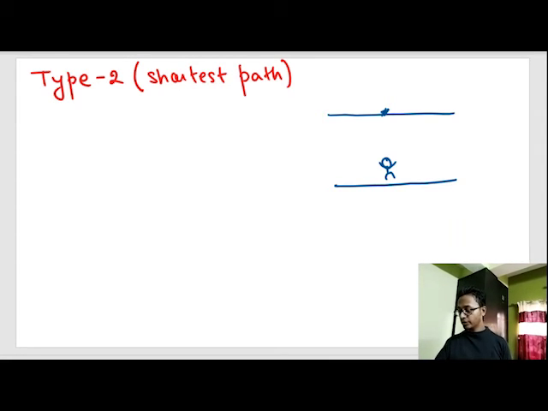If he tries to swim straight, he'll reach somewhere around here. So in order to reach the exact opposite end, he has to make his movement in this direction, or displacement of the swimmer. And now the river will carry him to the right with the velocity of river.